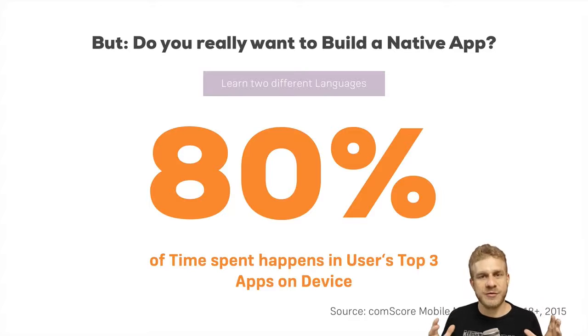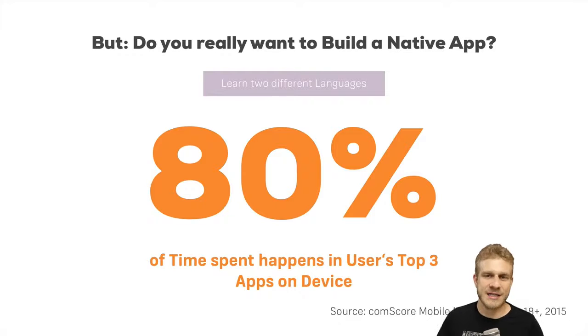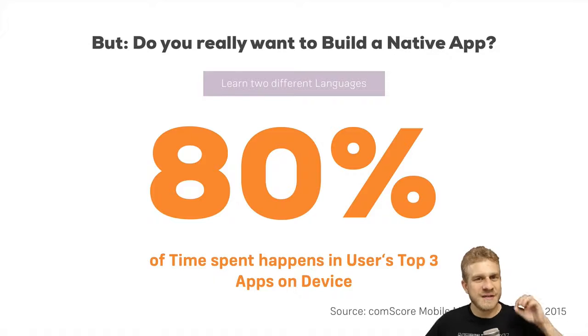Now, the better argument is this number though. Even though the majority of users uses native apps, 80% of the time goes into the top 3 apps, which unfortunately probably isn't your app. It's most likely Google, Facebook, WhatsApp, something like that. So there's only very little time to spare for other apps. And here's one other figure.